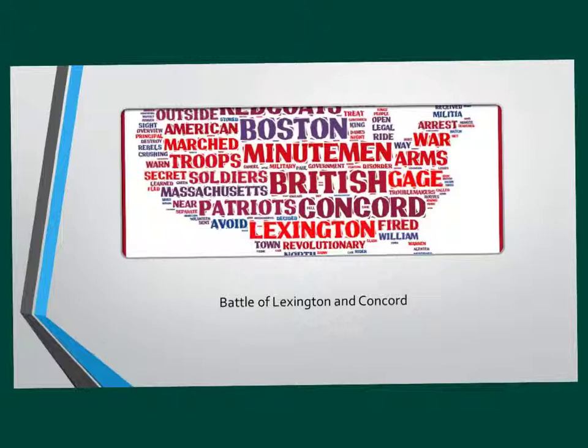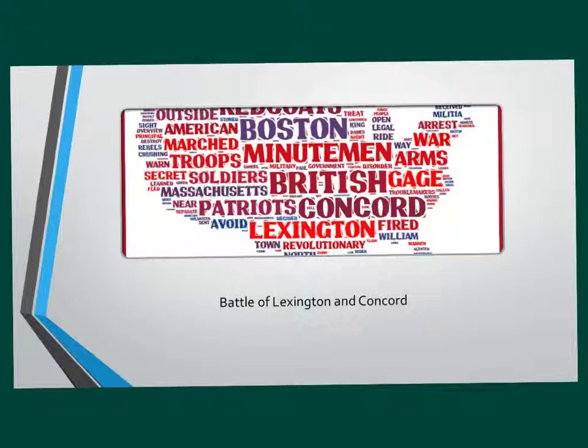I took a body of text from an encyclopedia article and copied and pasted it into a word cloud, and into a shape that would be a good representation, which would be the United States, because this is talking about things that happened in the United States. Even the color scheme is kind of representative of our colors. Not totally, but somewhat.